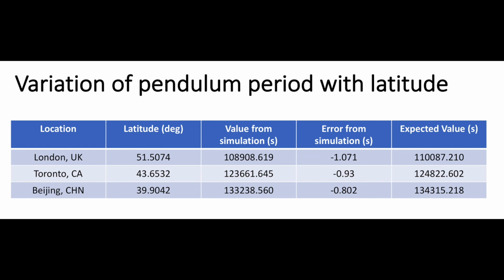And as the latitude decreases, we will get values in the denominator for that equation which are less than 1, increasing the total period for how long it takes the pendulum to rotate, which is exactly what we're observing in this data.